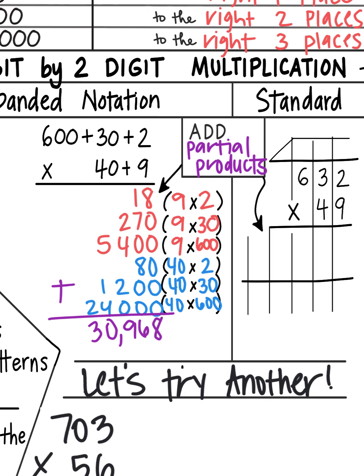Now, again, I know you're sitting here like, I'm never going to do that because that takes way too long. But I want you to understand why our partial products end up what they are whenever we do it in the standard algorithm. Now, what is an algorithm? Do y'all remember what that means? No. Nobody ever told us.